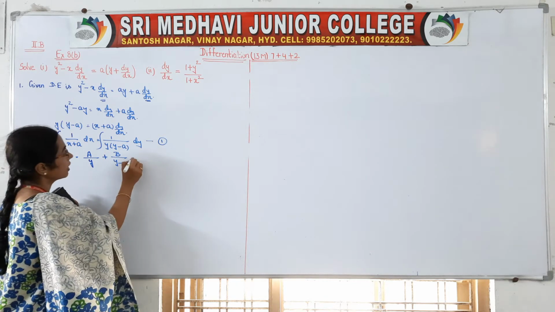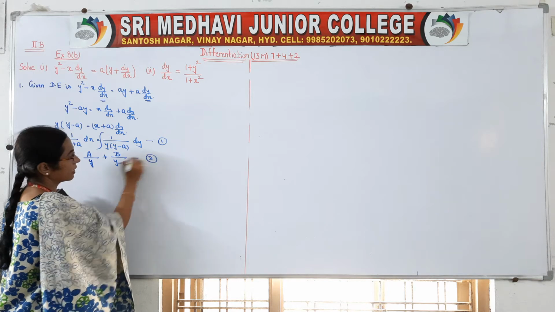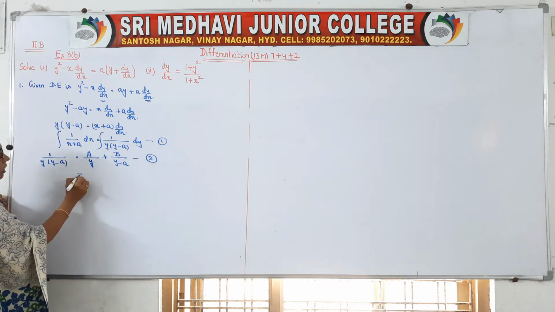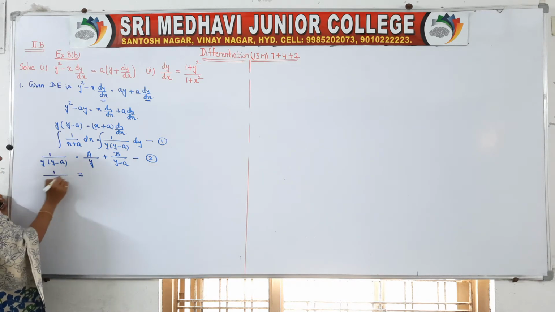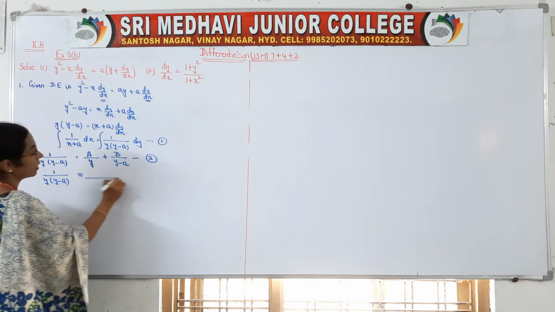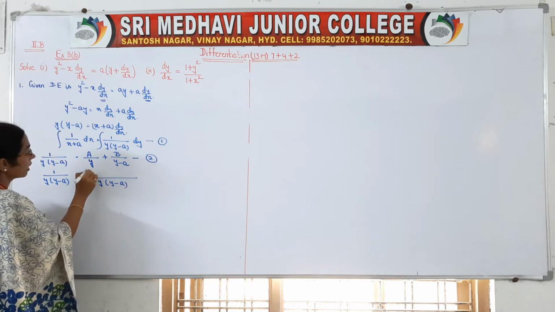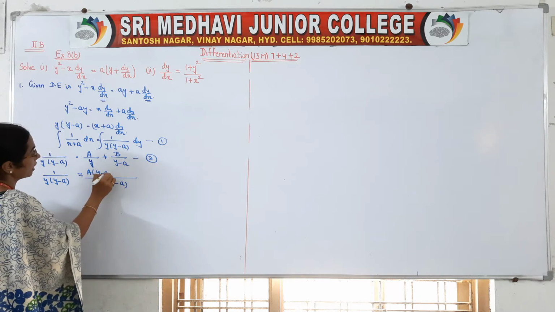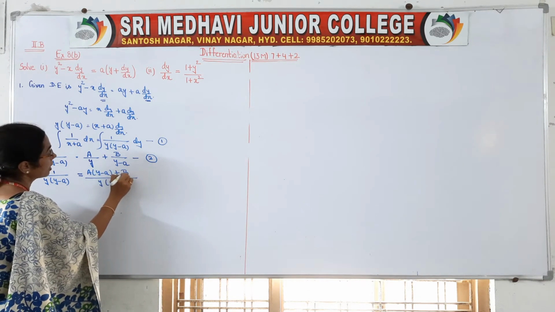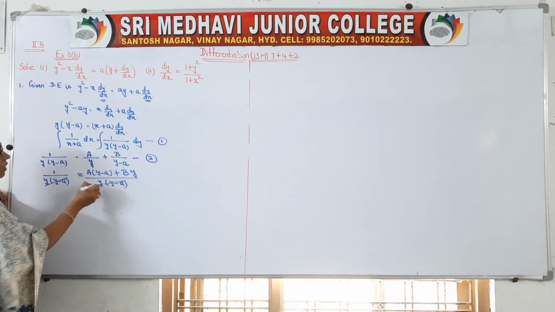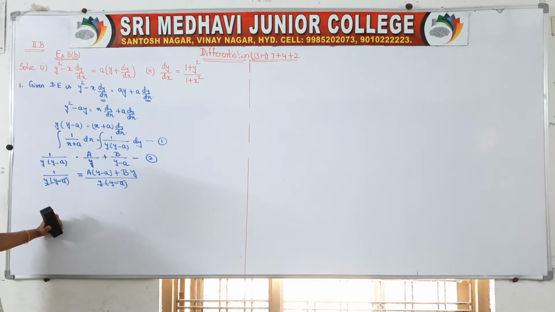You consider this as your second equation. Now try to get your a and b values. How will we get them? 1 by y into y minus a, and here it is 1 equals a into y minus a plus b into y. So y into y minus a cancels.